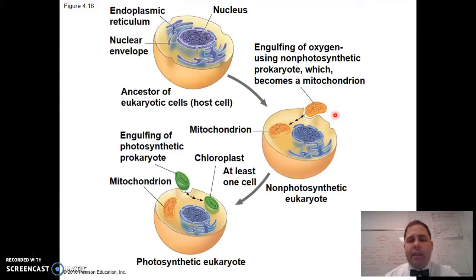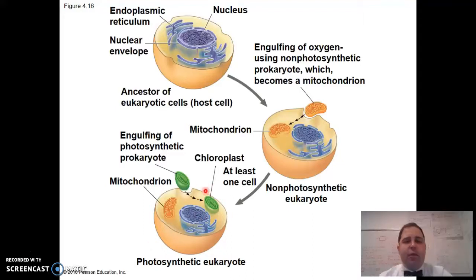The eukaryotic cell benefited by being able to utilize that energy that the prokaryotic cell inside of it was generating. And so you ended up with a relationship that moved forward through time to the point that now all eukaryotic cells have a mitochondria, and many eukaryotic cells, those that are plant cells, contain a chloroplast.